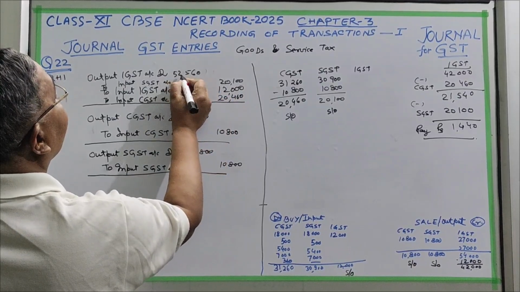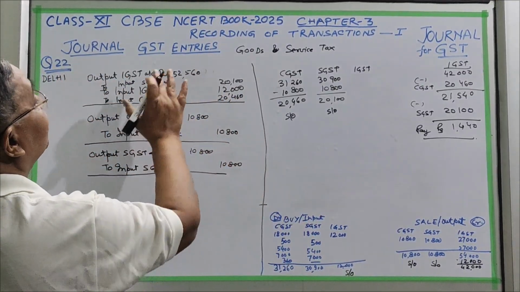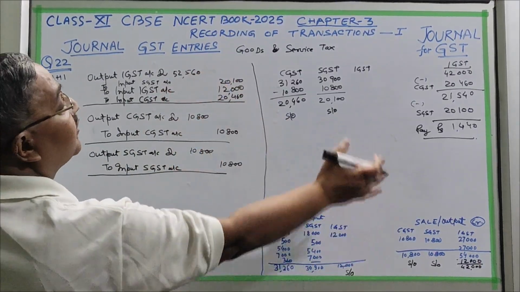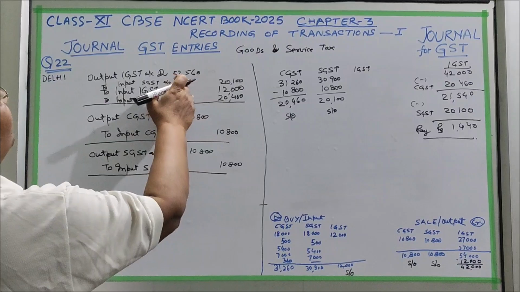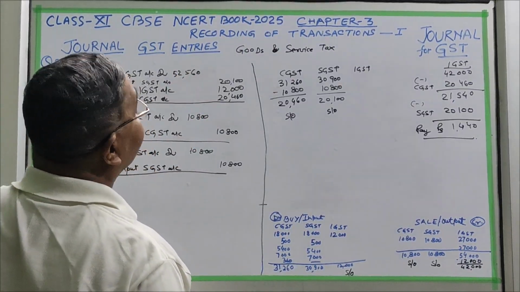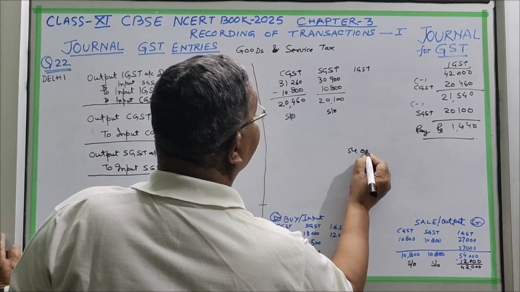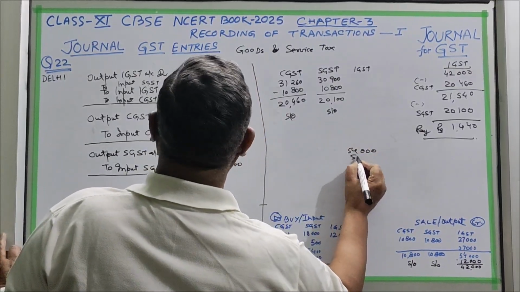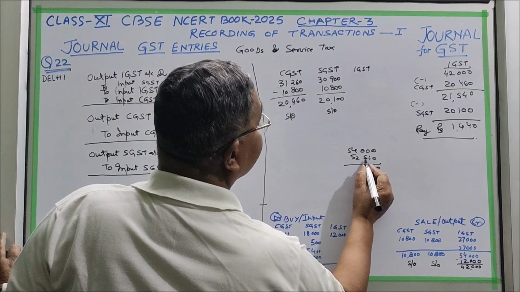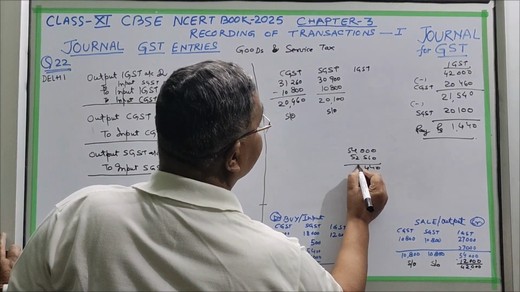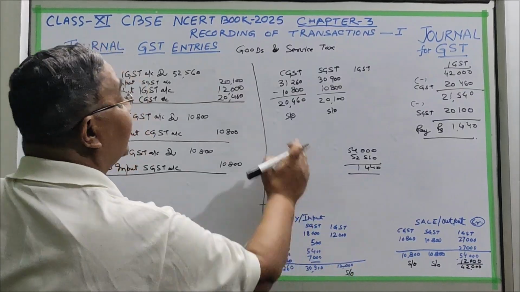This we could have done first itself, but just to explain to you I am showing. Otherwise, after doing the whole calculation, we can write the entry at first itself. So 52,560 we have used out of this 54,000. How much is remaining? 1,440. This you have to pay to the government. Now all is set off.